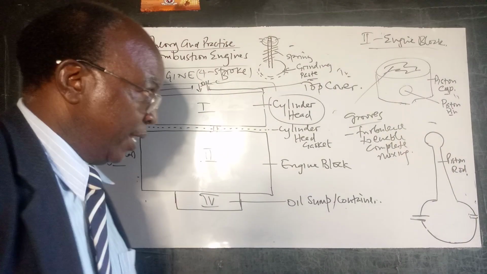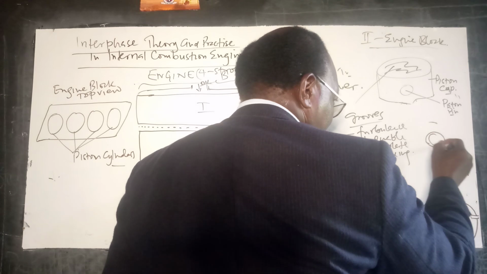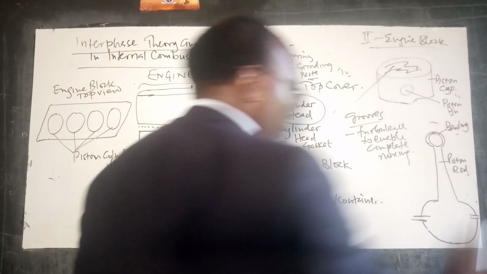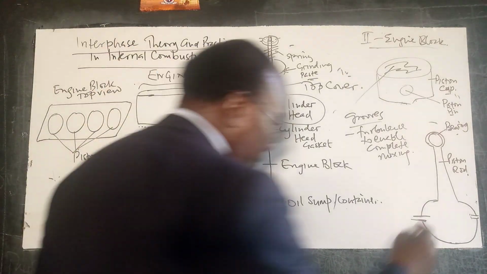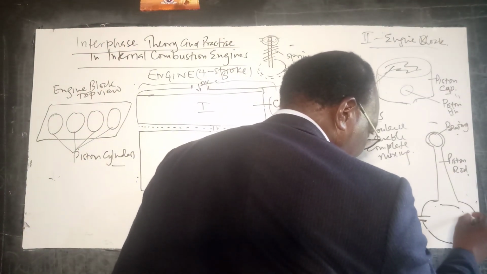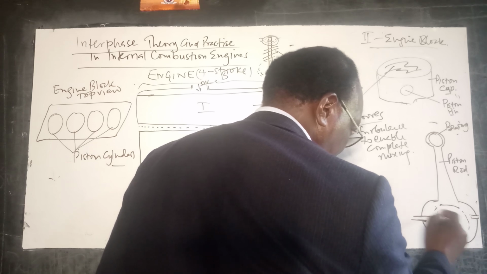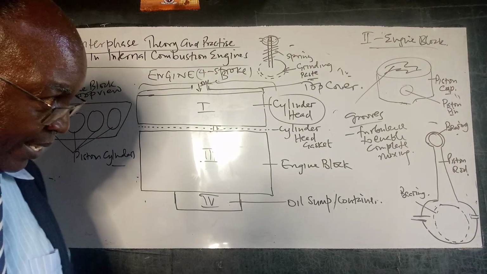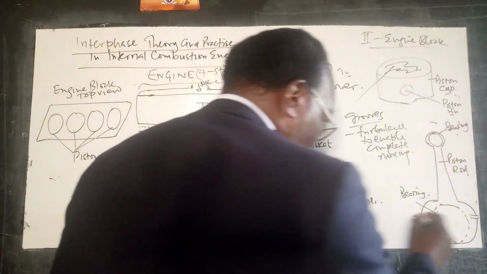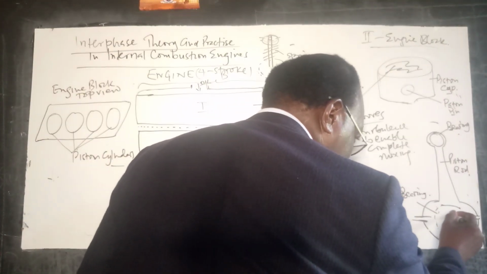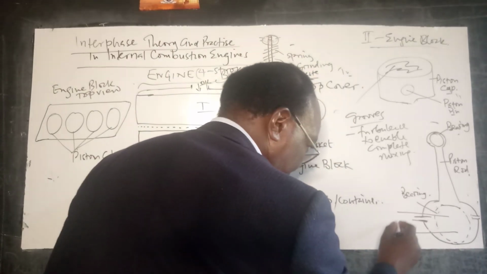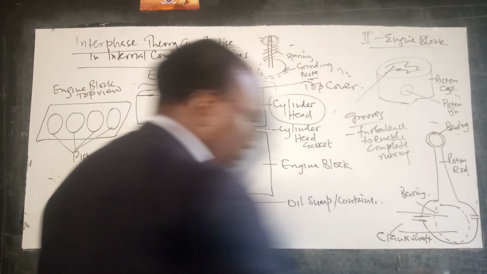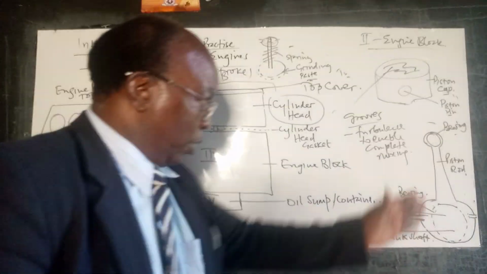At this end, to facilitate the rotary motion, we have a bearing. And also here, we will have a bearing. And remember, this end is the one which is connected to the crankshaft.